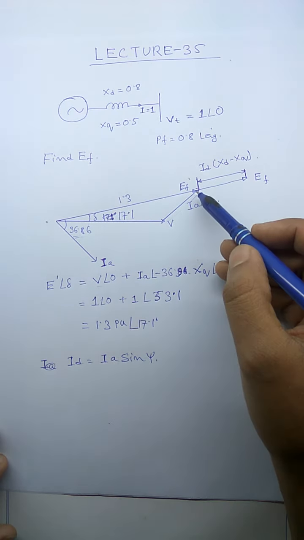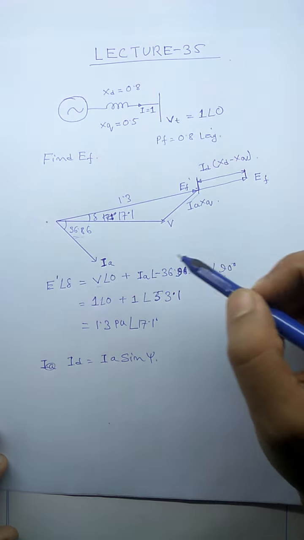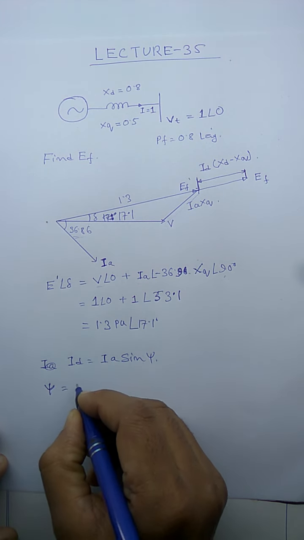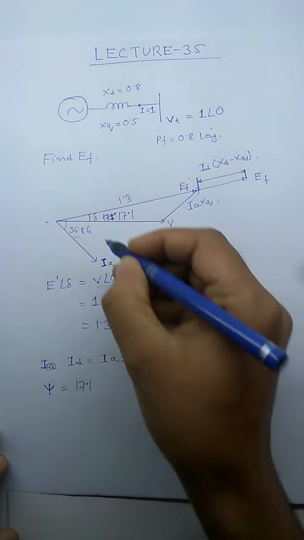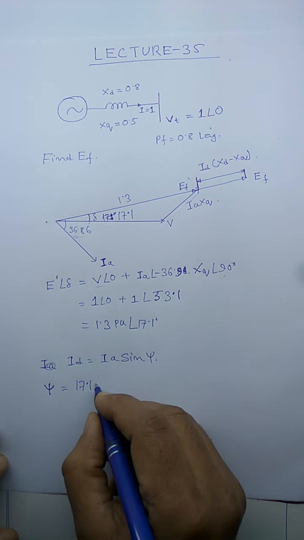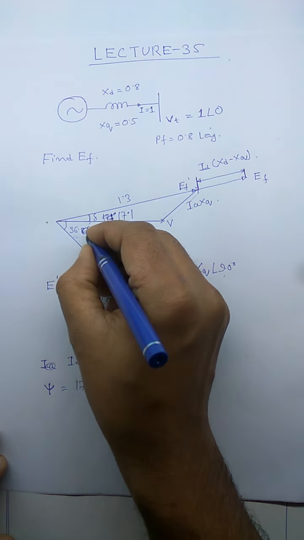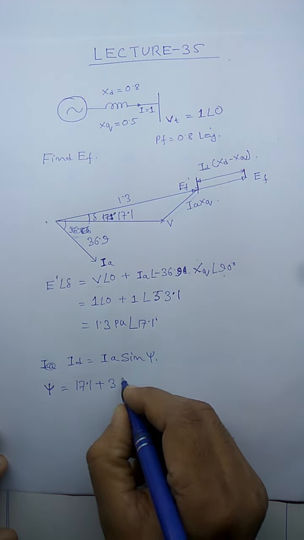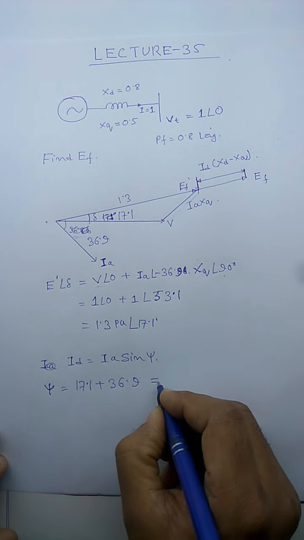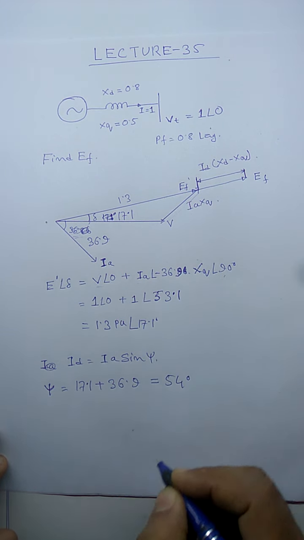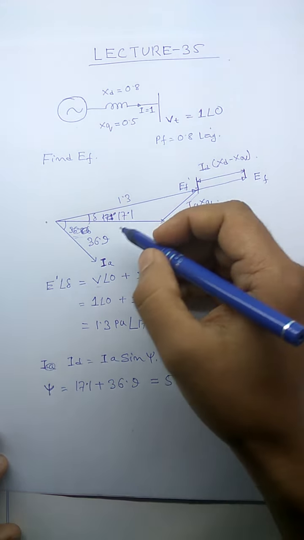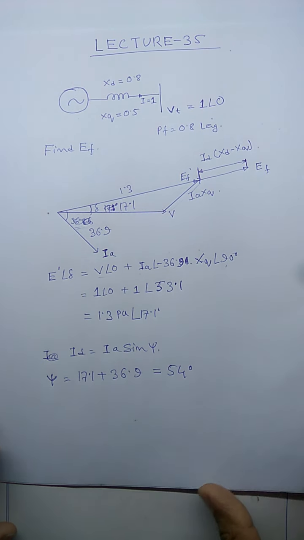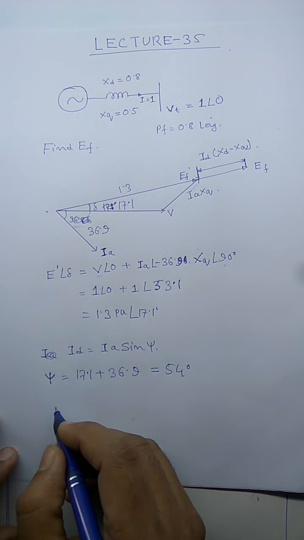Here E is leading, I is lagging. So psi is equal to 17.1 degrees, this angle, plus 36.9, that is equal to 54 degrees. So psi, the angle between E and I, is 54 degrees here.